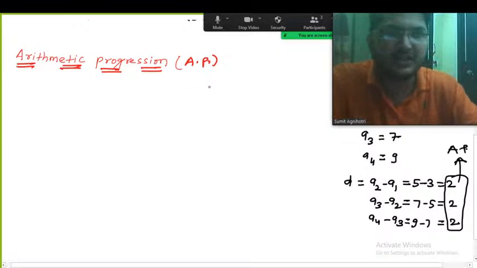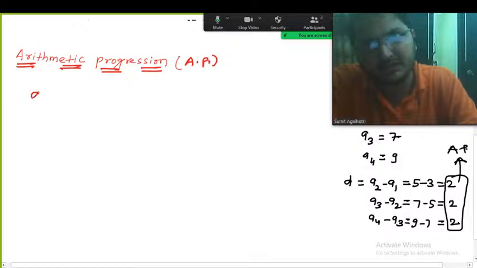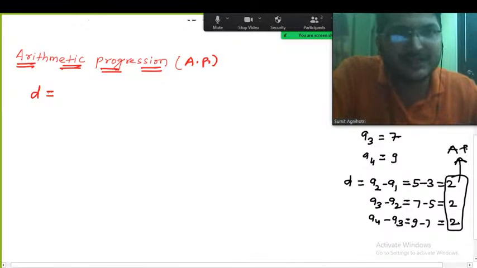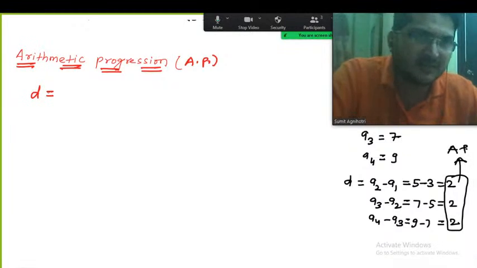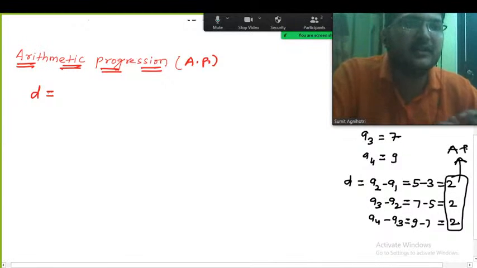The very important thing over here is common difference, and so far we have covered the basic thing about AP, that is common difference means the term and its subtraction with the previous term. If we subtract a term with its previous term, we actually get common difference.